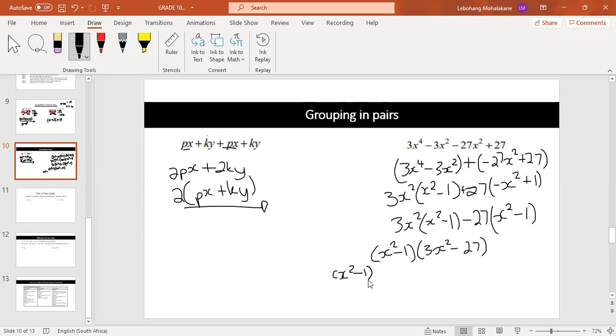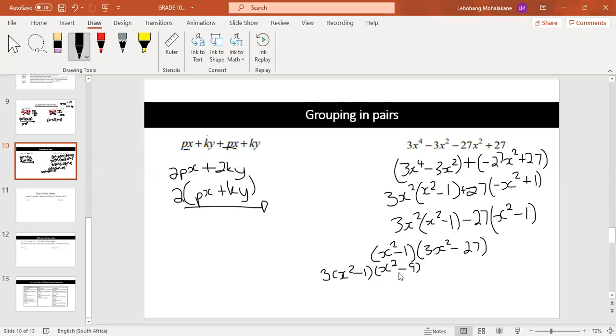We'll further factorize it later on. Then we can take out a common factor. If we take this, it doesn't only affect this part here, but also this one too. So it's going to be 3 here. And then you have x squared, then minus 27 divided by 3, it's 9.